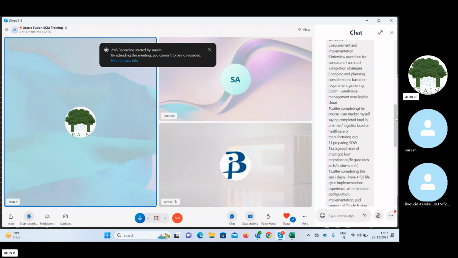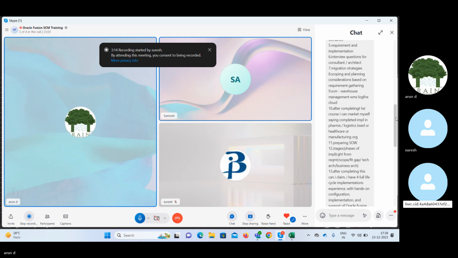I can give you a sample of retail, and I can give you a sample of the manufacturing industry, which is kind of FMCG. Using that, maybe you can show yourself as a consultant who implemented this solution for this industry. But pharma, I haven't worked on.